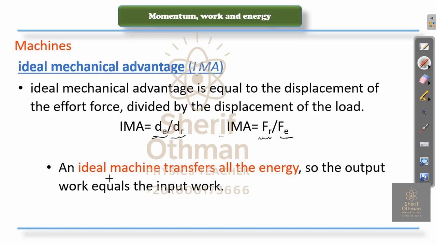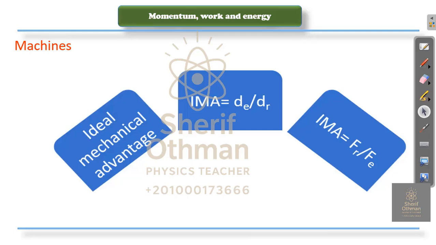An ideal machine transfers all energy, there is no loss in energy, so the output work is equal to the input work. Here is a summary of the ideal mechanical advantage. IMA, ideal mechanical advantage, is dE over dr, the distance or arm of effort divided by the arm of resistance, or the resistance force divided by the effort force.